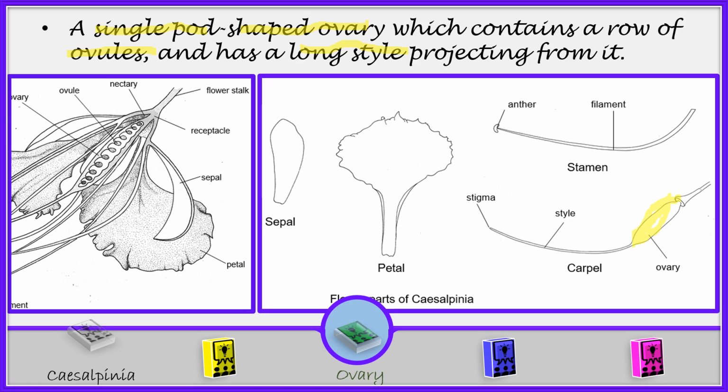If you look at it, it is shaped like a pod and it has got a long style, which ends up in a stigma. But when you move from here, you will see here we have our ovary surrounding the ovules. Then at the end here, they compile and form a style.